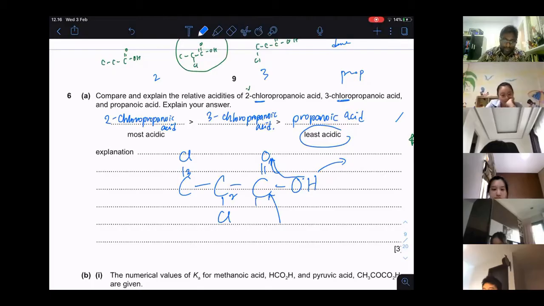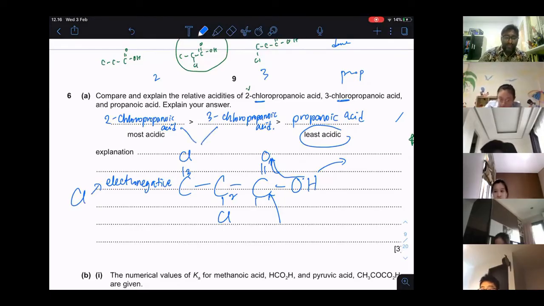Now, explanation. Please explain. We need to talk about the Cl. You need to mention that it is electronegative. Because of that, the OH bond will be weakened. And then you can also explain to compare 2 and 3.